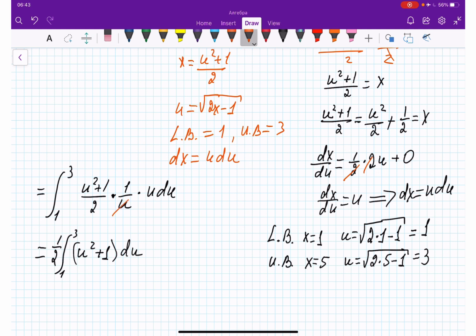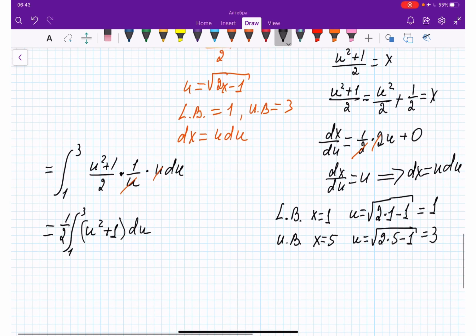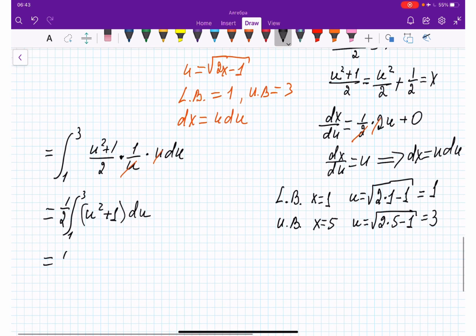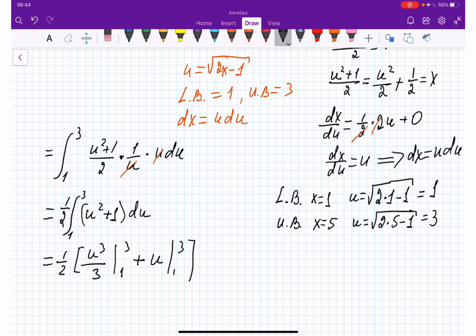Because we have the u's canceling here, right? And this is going to be equal to 1/2 times u cubed over 3, from 1 to 3, plus u, from 1 to 3.